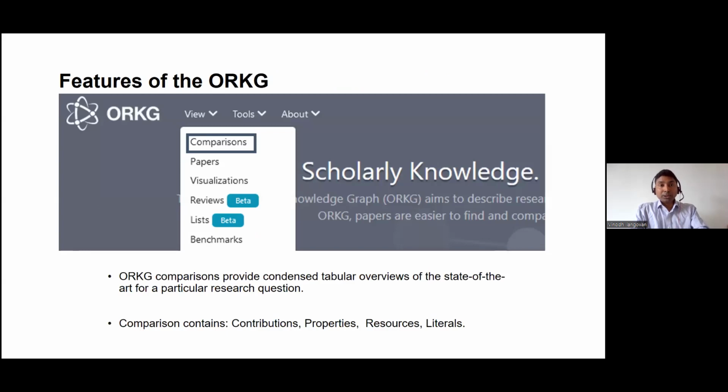Another feature of ORKG is the comparisons. Comparisons are basically a condensed tabular view of the state of the art for a particular research question. What you saw earlier was that for one paper, we can extract salient features. And in some fields, we can extract these salient features across multiple papers and compare them in order to get a view of what is happening in the field.